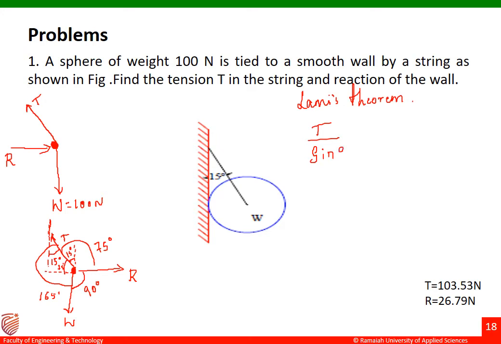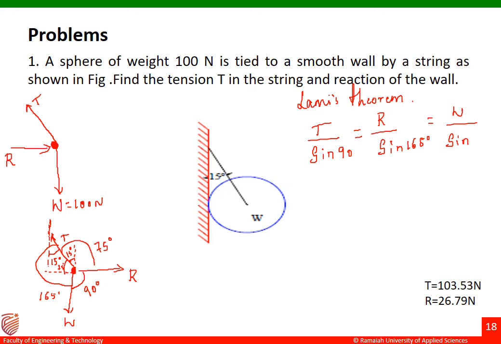Let us take the first force, that is T. T divided by sine of the angle between the other two forces, which are R and W. It is 90 degrees. So it is equal to R divided by sine of the angle between the other two forces, that is 165 degrees.